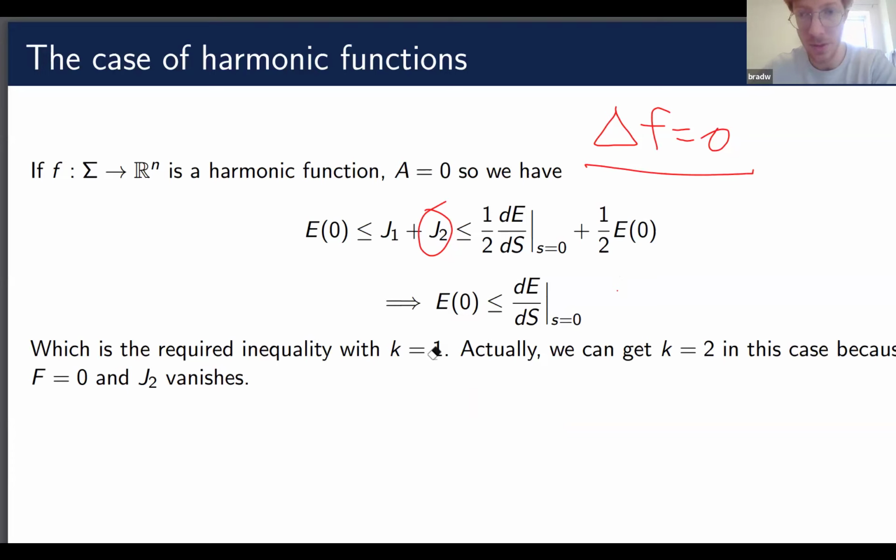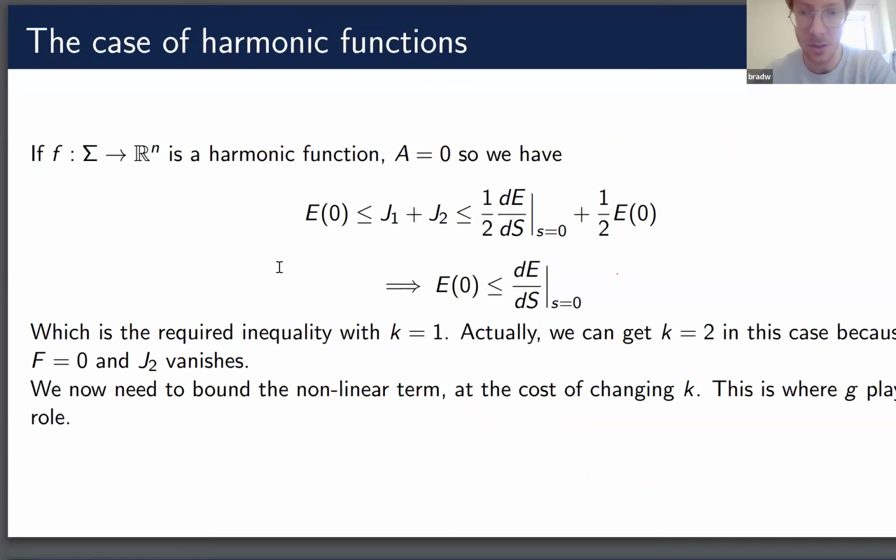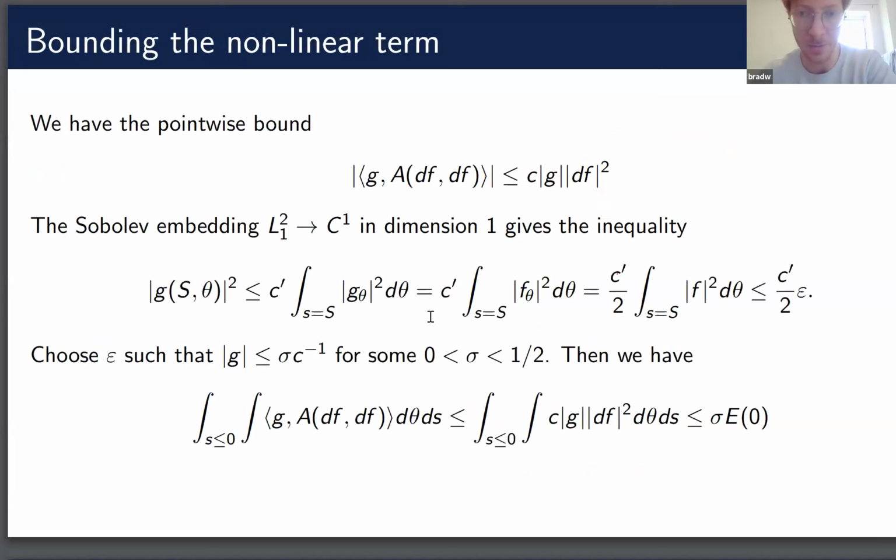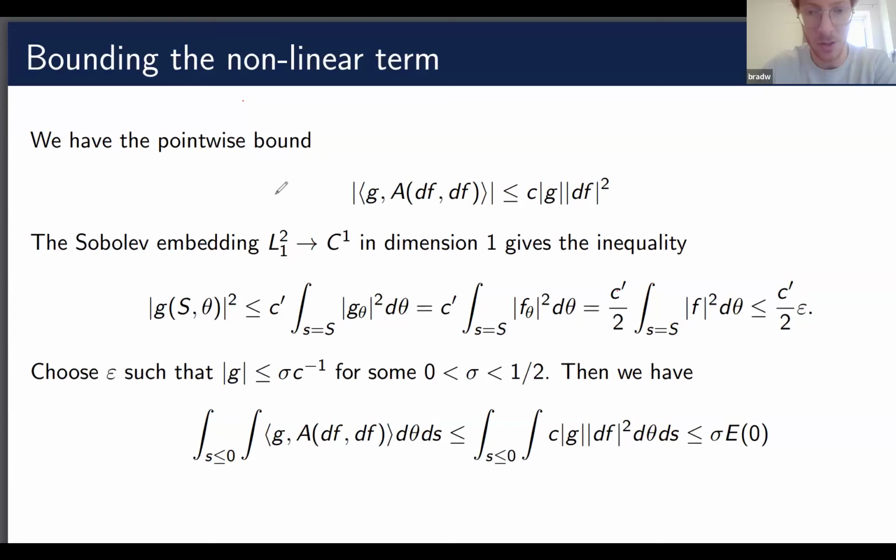Right. So that was the special case, and now we move on to adding this nonlinear term involving A. We're going to have to change K for that. Okay, so down here this is what we want to bound, and the thing inside the integral is this.